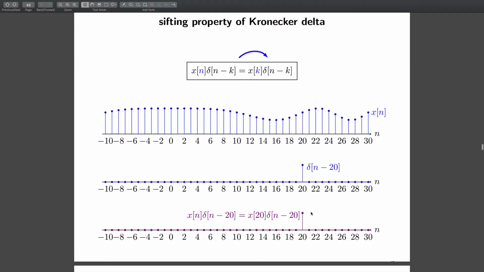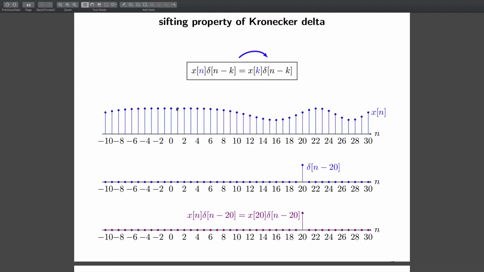One other very important property of delta functions, which is true for both the Dirac and the Kronecker, is a property I'm calling the sifting property. Let's see what this means. I'll talk about it using this example here at the bottom. What I've done here is depicted a generic signal sequence x of n, a discrete time signal.